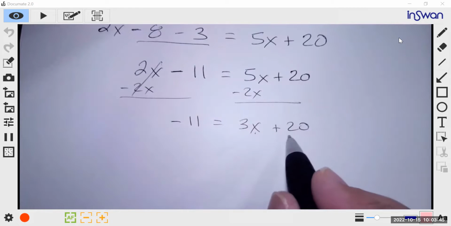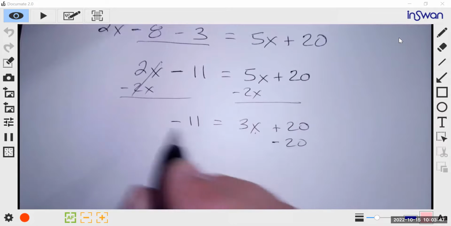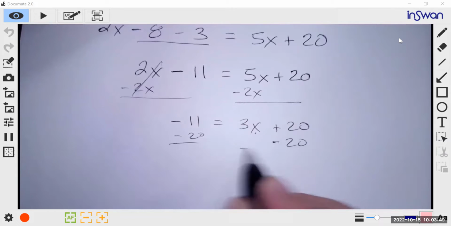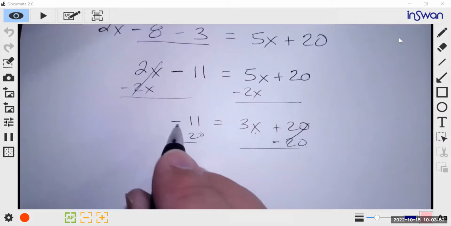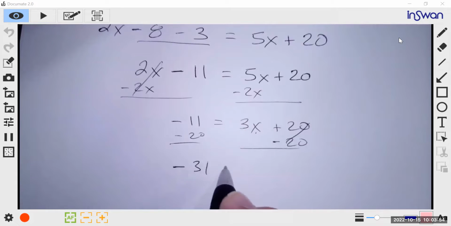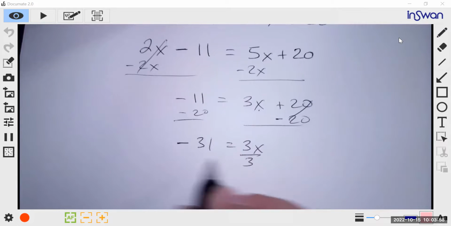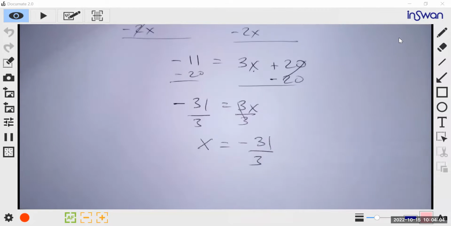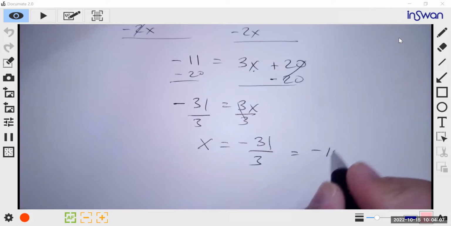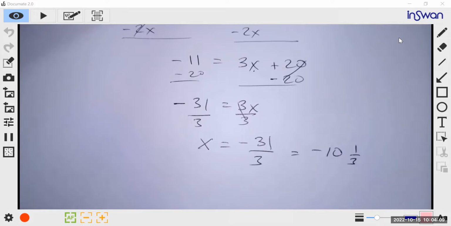Since all the x's are here, we have to get rid of the 20. So we subtract 20 from both sides. So negative 31 equals 3x, divided by 3. So x is equal to negative 31 over 3, or negative 10 1/3.